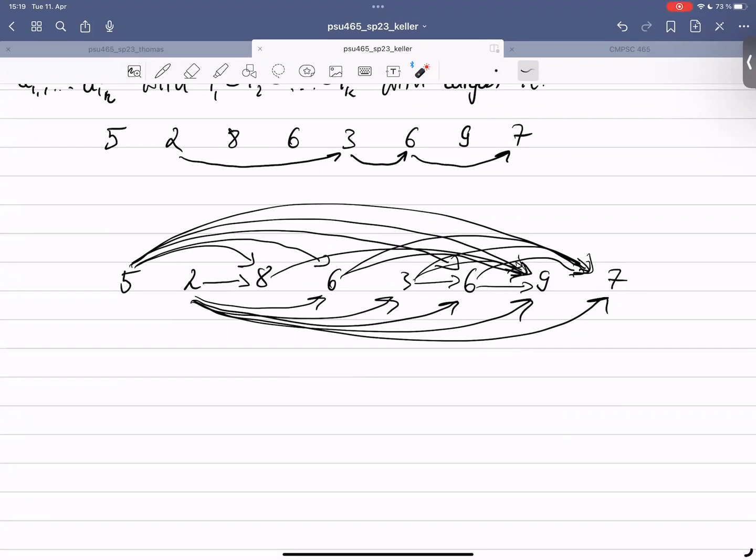Because if you look at the longest path that ends at the very right, it's, let's say, node 7 or number 7, this longest path has to come through one of its predecessors, right? So we have to reach 7 somehow, and we can only do this through an edge that connects to 7. So we have to go to one of the predecessors, which is 6, 3, 2, and 5.